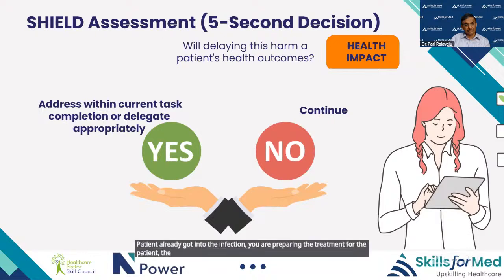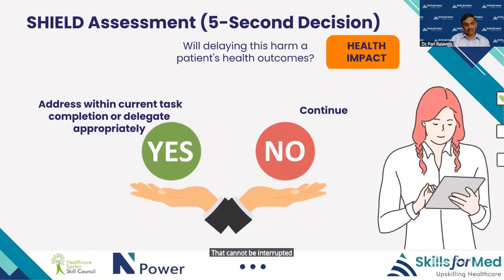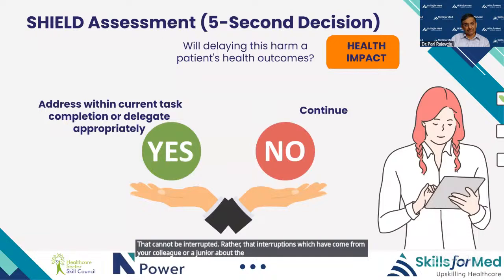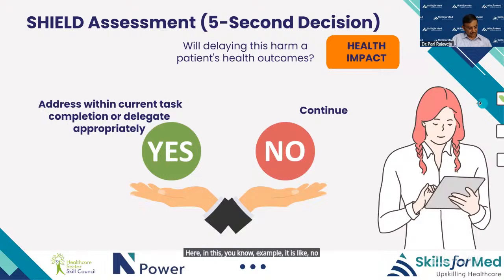The antibiotic preparation is going on, and that cannot be interrupted. Rather, the interruption from your colleague or junior asking for help with the NG tube insertion can still wait. This is how you have to think about health impact. If it is yes, then you have to address it. Here in this example it is no, so you continue with your process.